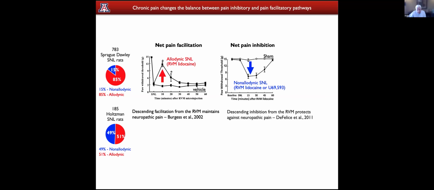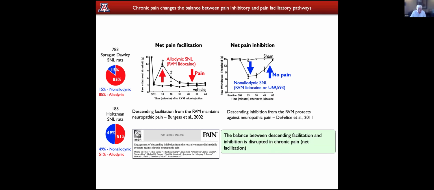If we looked at peripheral markers, we could see signs of peripheral nerve injury, ATF3, et cetera. Then we microinjected lidocaine into the rostroventral medial medulla, or a kappa agonist. And what you see is that these non-allodynic injured animals now showed pain behaviors. We interpreted that as descending inhibition from the rostroventral medial medulla protecting against neuropathic pain.